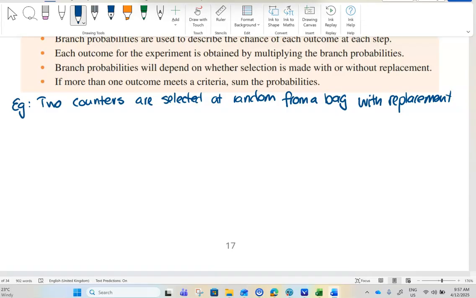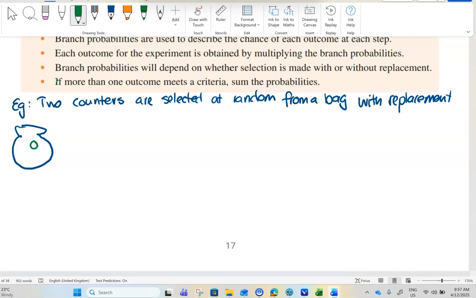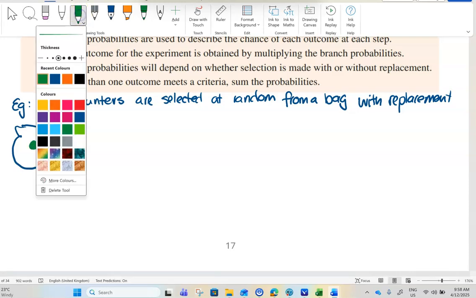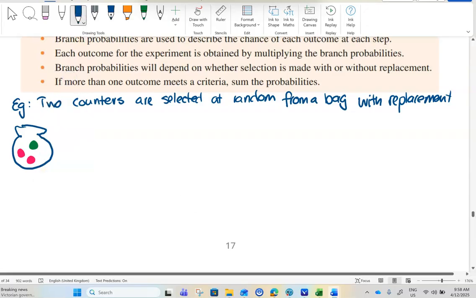So say, for example, we had this bag. I'm going to draw this little bag, and I'm going to say we've got 1 green counter in this bag and 2 pink counters in there. So what happens in the tree diagram?